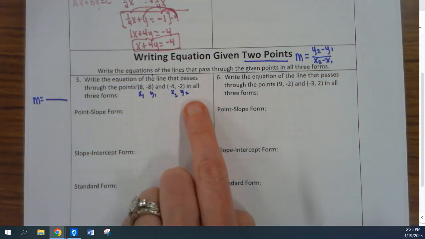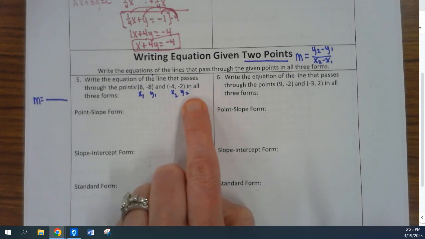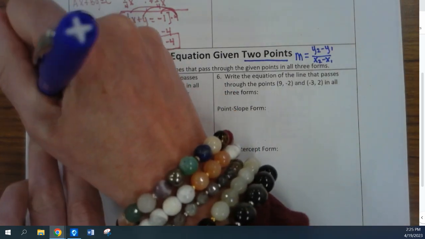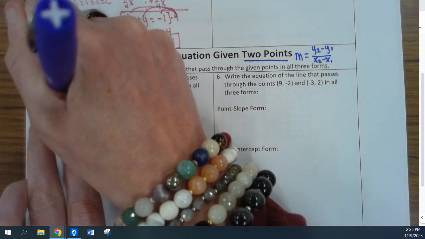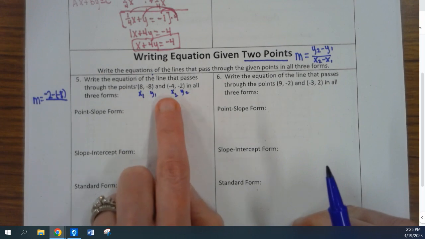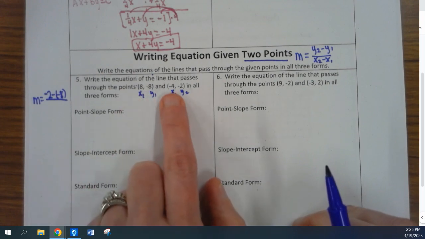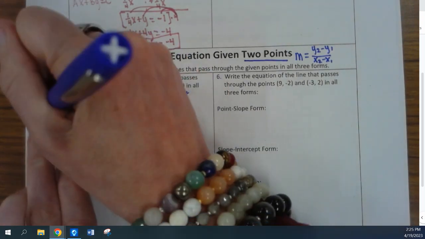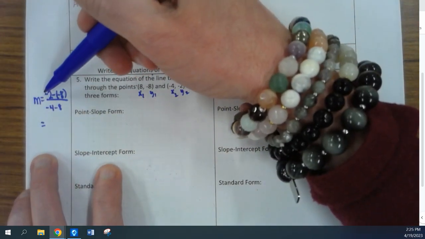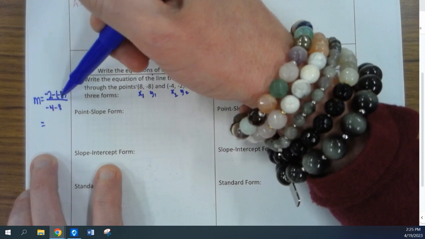When I do my slope formula, I take y2 minus y1. So -2 minus -8. Then at the bottom in my denominator, x2 minus x1, -4 minus 8. Here I have -2 minus -8.